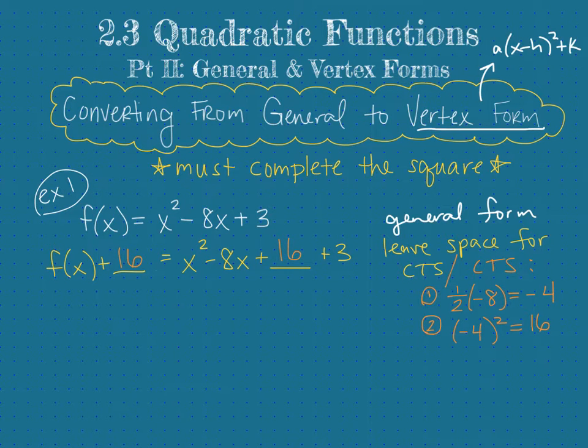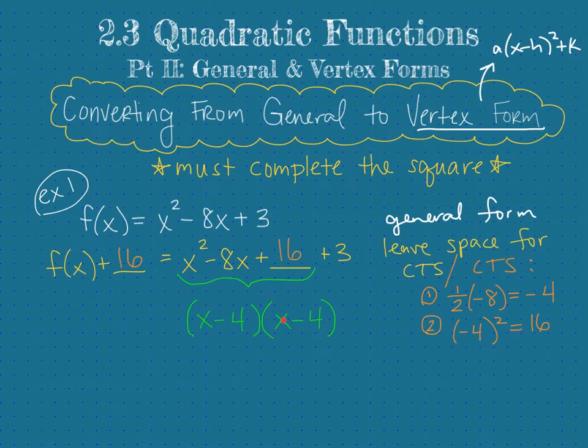Now, this right here is called a perfect square trinomial. Let's think about how this can be rewritten. I could factor this. What are two numbers that multiply to 16 that add to -8? Well, -4 and -4. So you would factor this as x minus 4, wouldn't you?